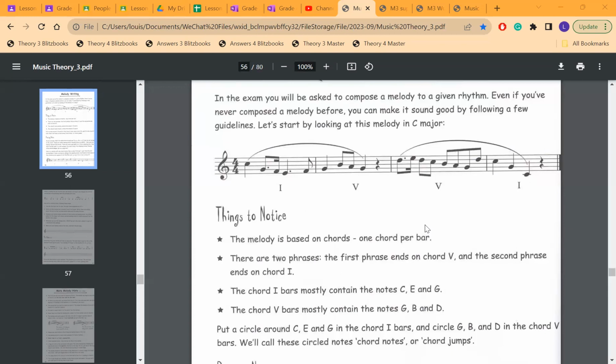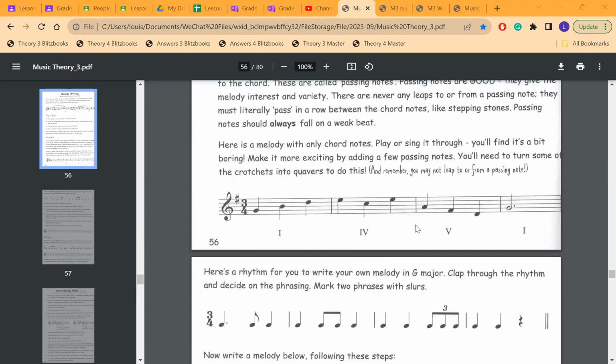The 4 adds a bit of interest to it. So start with this chordal framework: write down the chord notes to start, make sure you start and end on the tonic, and then add passing notes.